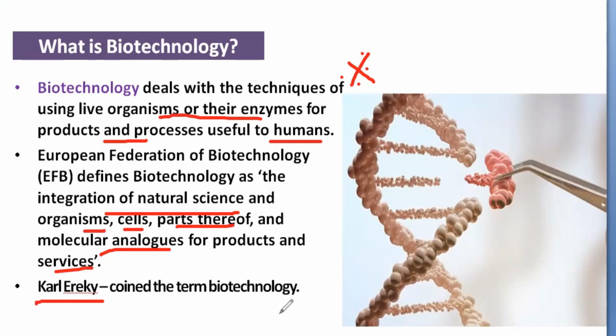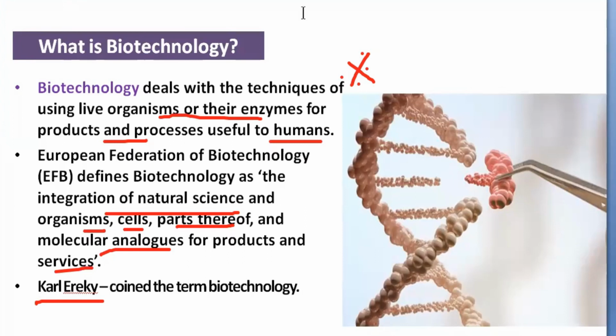Is it clear, students? So that is biotechnology. So what are the uses of this biotechnology, the applications? Yes, we can use this in the field of agriculture to create a transgenic plant, a pest resistant plant.